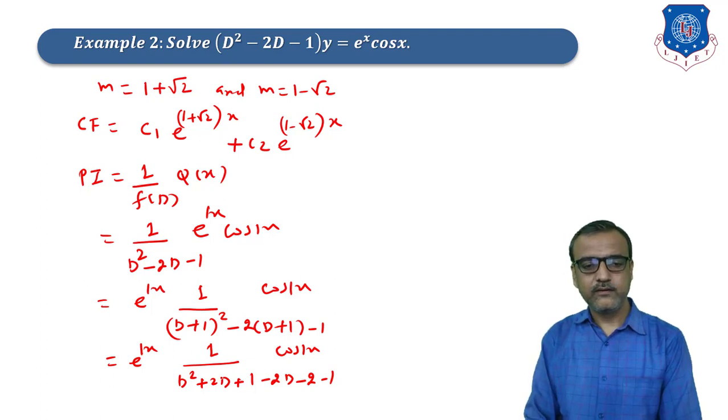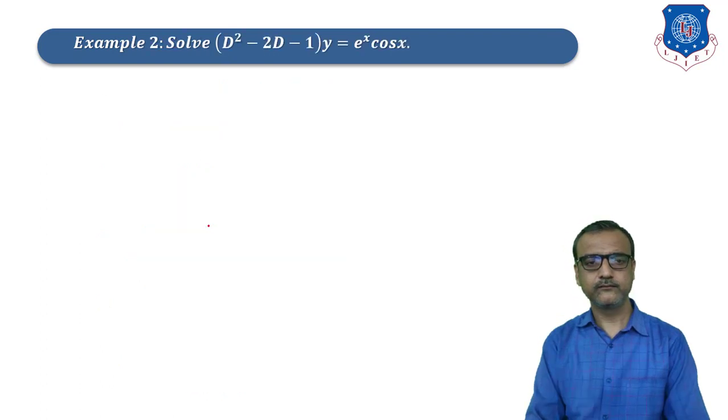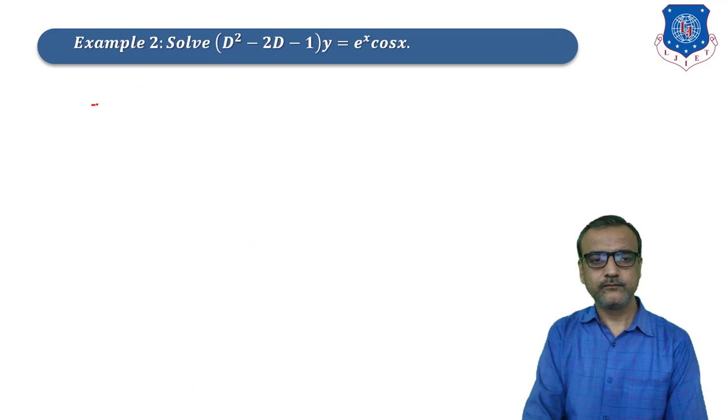See, plus 2d and minus 2d will cancel out, plus 1 and minus 1 will cancel out. So we have only d square minus 2. So we have e raised to 1x, 1 upon d square minus 2, cos 1x.